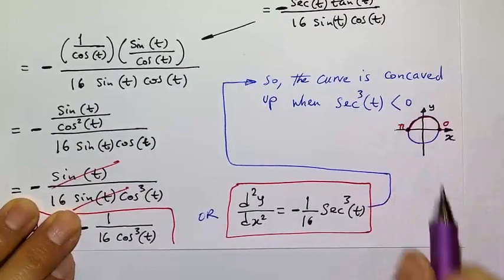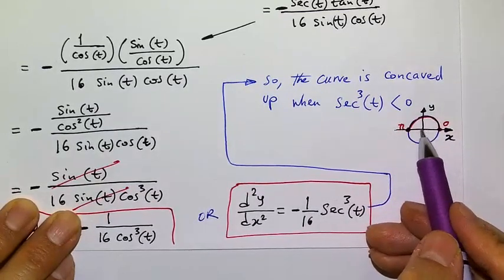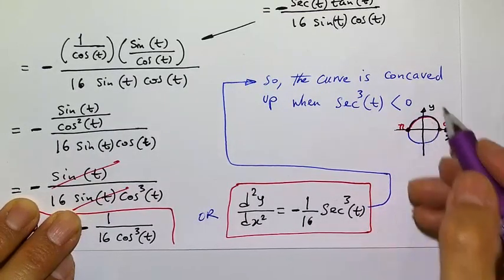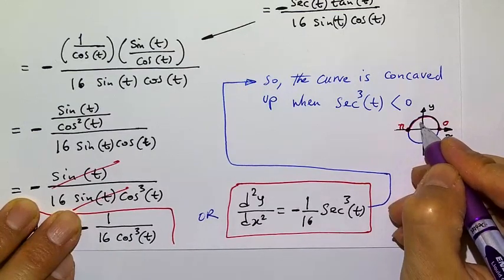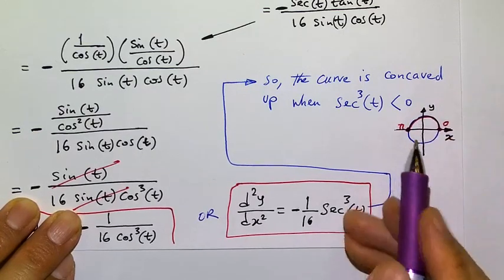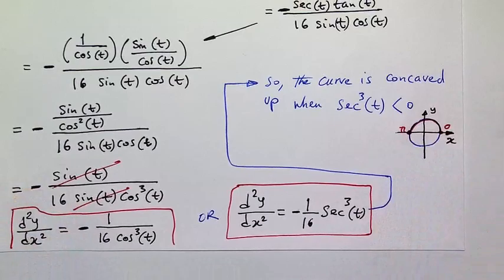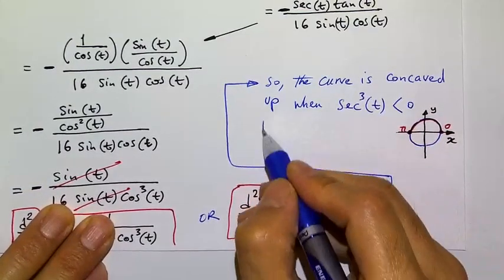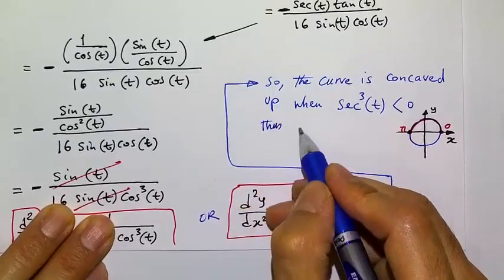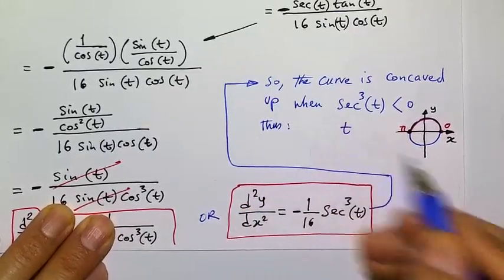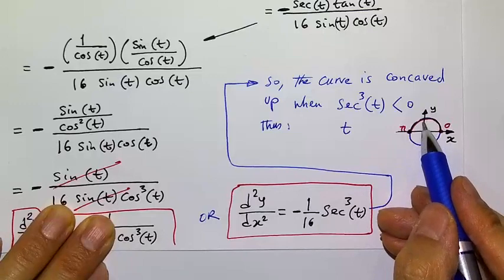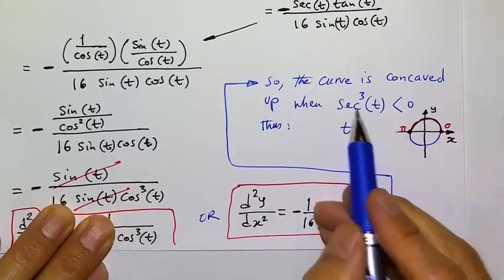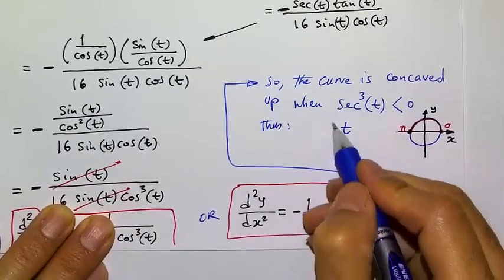Now within this range, cosine is negative in the second quadrant here. So thus t must vary between pi over 2 and pi for this quantity to be negative.